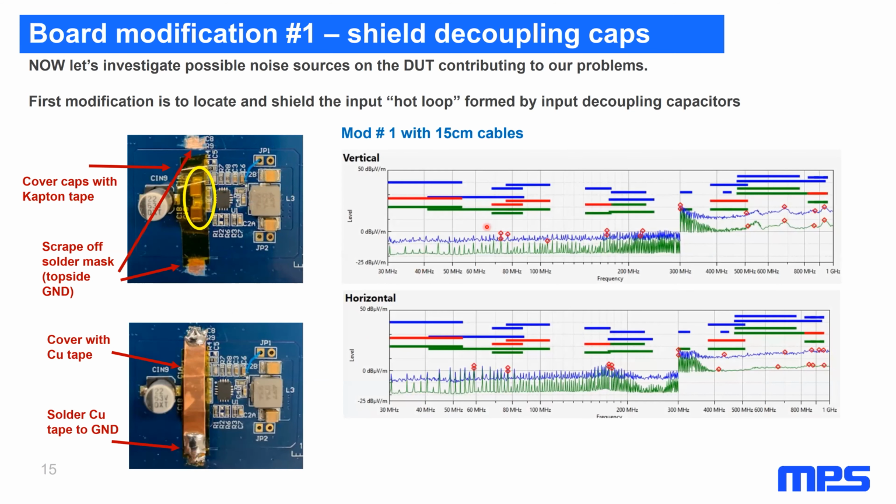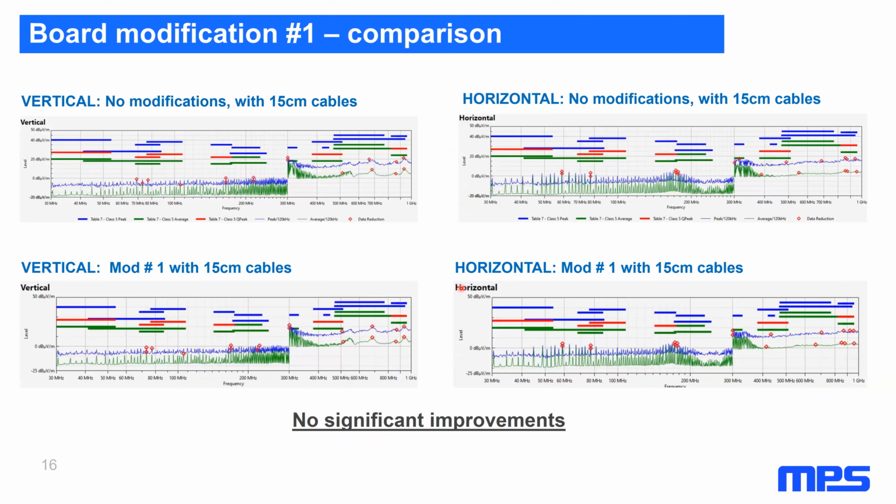And when I do this change, I see what actually is not a whole lot of improvement. So here are the vertical and horizontal measurements. Just so everybody can remember, on the left side of the vertical measurements, the top is no modifications, and the bottom is the modification with shielding the input decoupling caps.